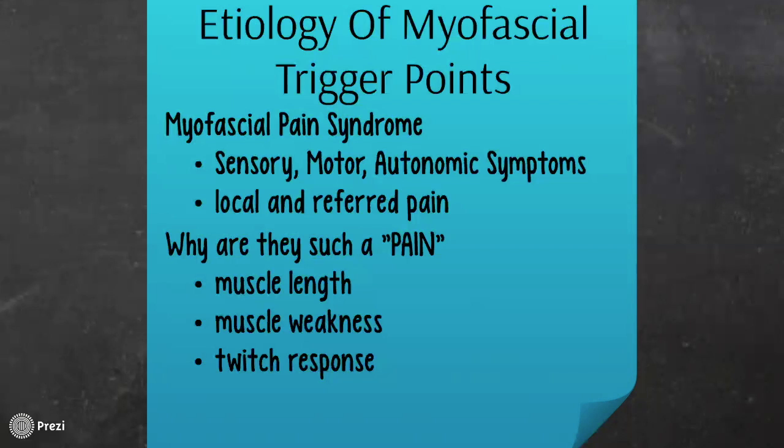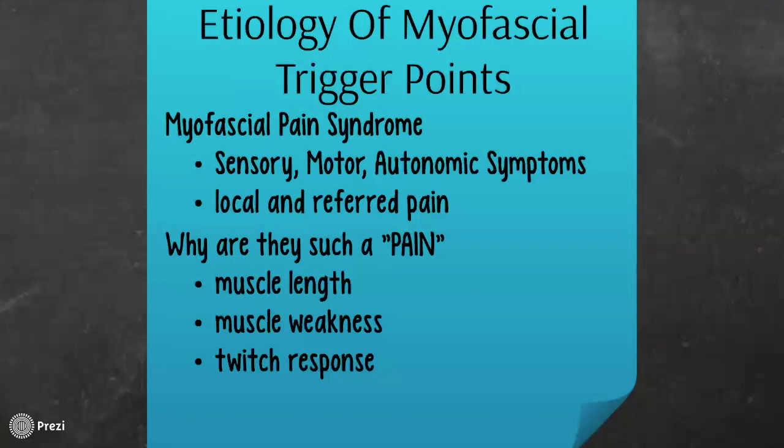So why is a trigger point so painful? Why are they such a pain? They prevent full lengthening of a muscle, which weakens the muscle, and mediates a local twitch response of the muscle fibers when adequately stimulated. That comes straight from the article.